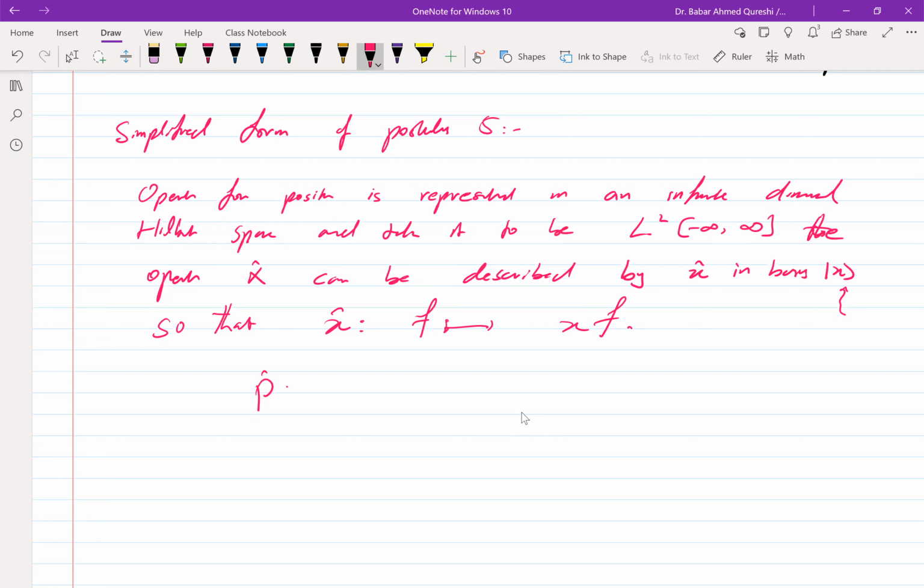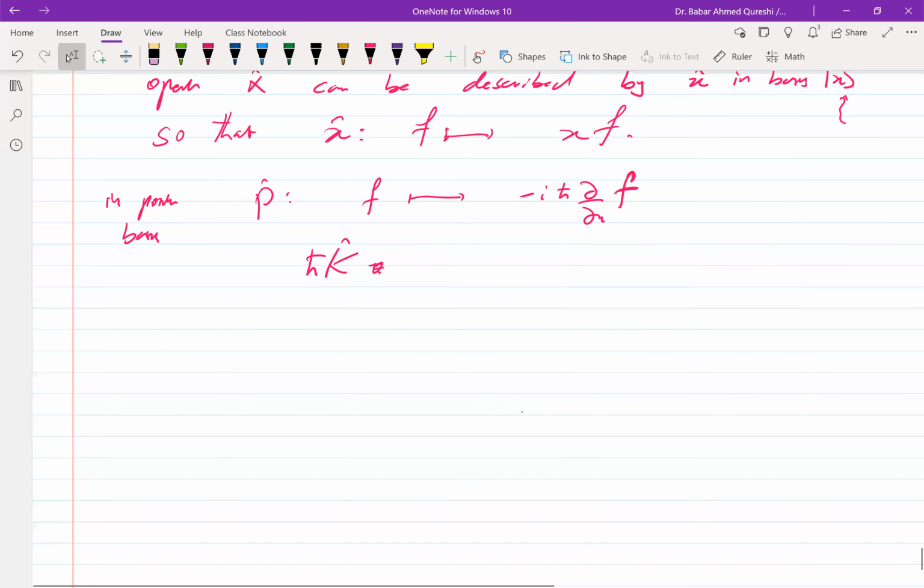And momentum is described by, in the position basis, minus iota h bar d by dx. So it's K, which you were dealing with, multiplied with h bar. h bar is again there just because of historical reasons and because of some units. You can put it equal to 1. So momentum and position operators are the ones which we were studying.